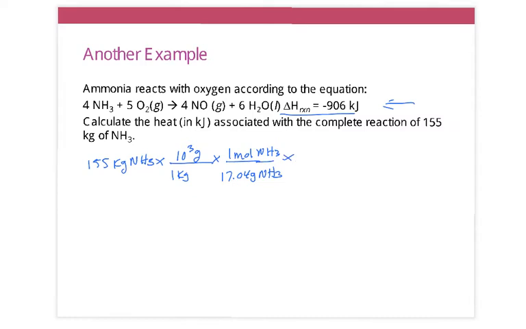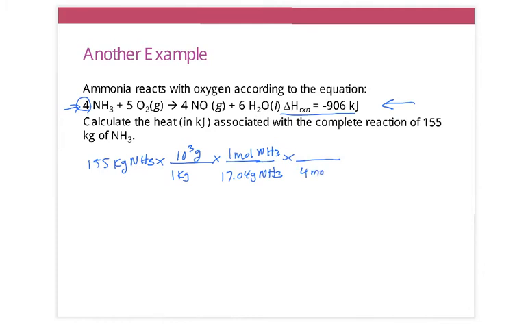Finally, we can use our balanced chemical equation here to figure out the ratio of our enthalpy to our moles. So it looks like 4 moles of ammonia give us negative 906 kilojoules of energy. It's not 1 mole because we're looking at this coefficient.